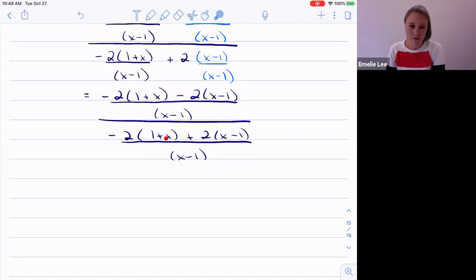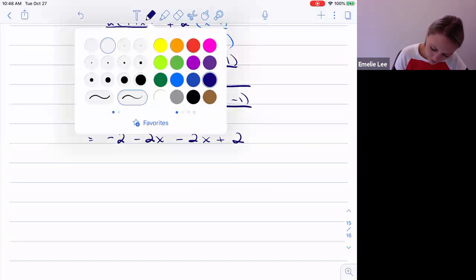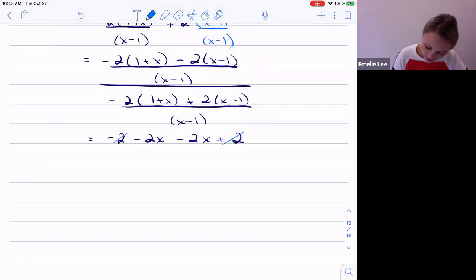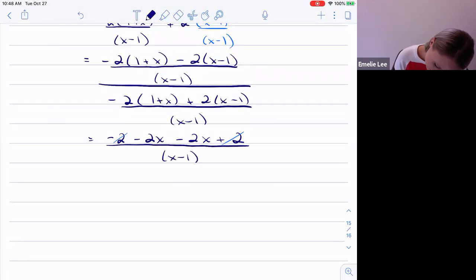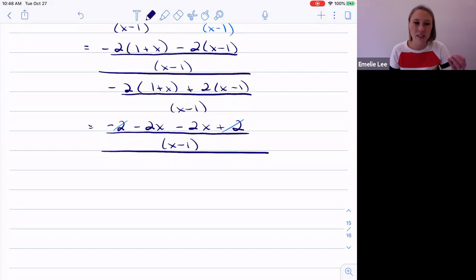I've got a fraction over a fraction. We have to be so careful here. And so what I might want to do is simplify this and this before I start flipping stuff. And so I get negative 2 minus 2x minus 2x plus 2. Negative 2 plus 2 is going to cancel out, and then the negative 2x minus 2x makes negative 4x, but it's all over x minus 1 divided by, and then doing the same thing down here, expanding things out to see if anything falls out.